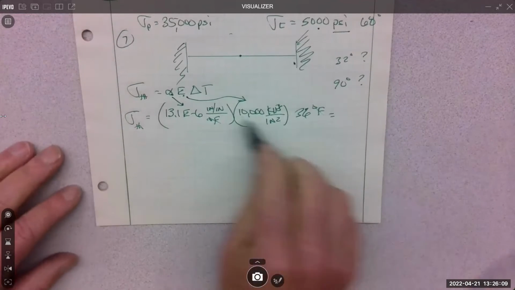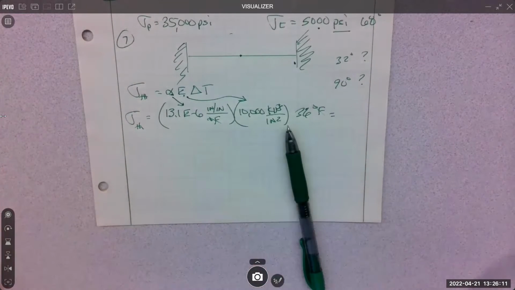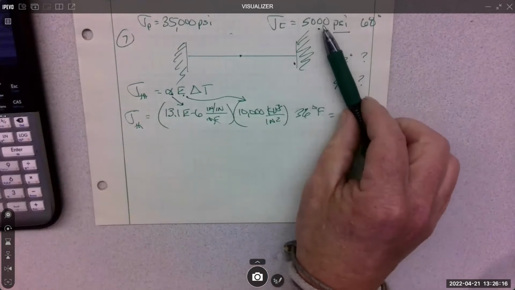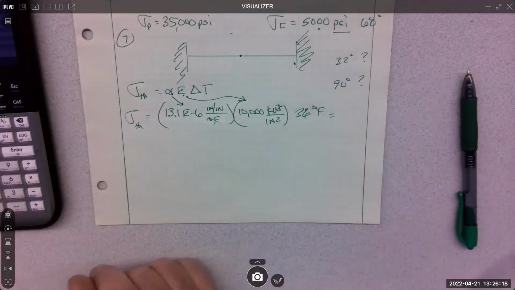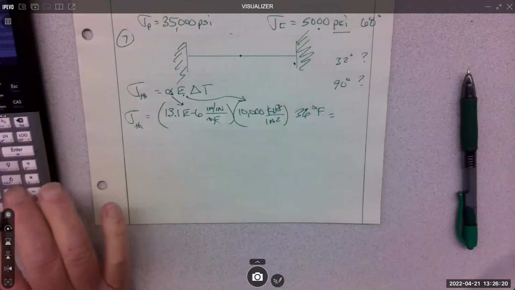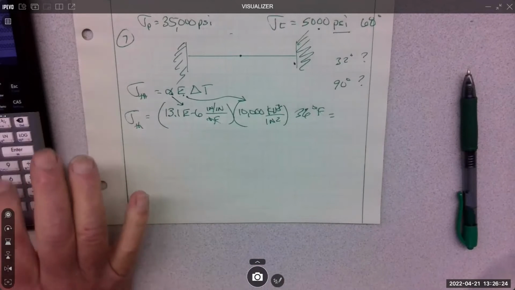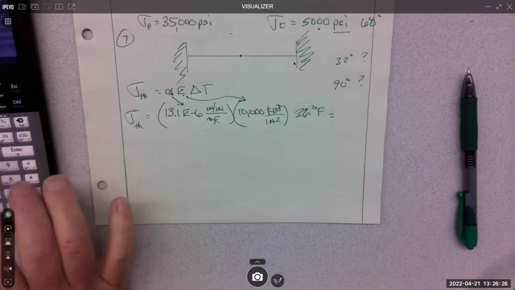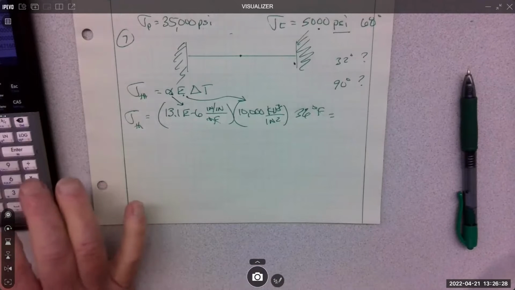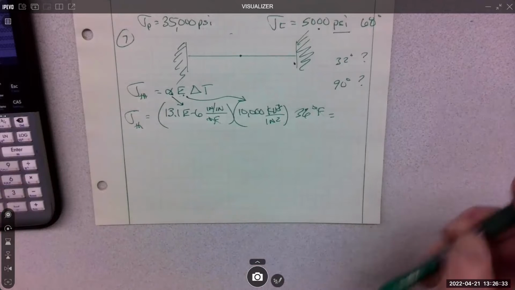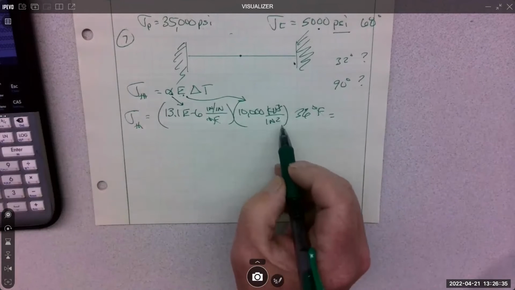So this is the stress due to the temperature drop. And it's going to add to the 5,000. It's going to make things worse. 13.16. So I get 169 KSI.